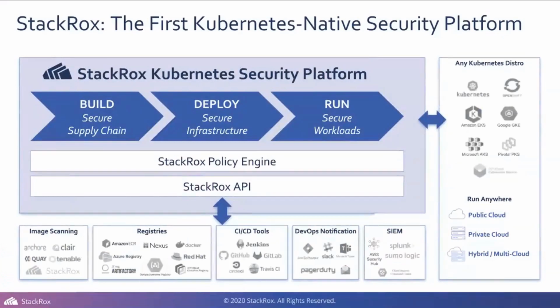We also integrate with all the registries that are out there, so very standard, whether it's Red Hat or Amazon's ECR or Artifactory or IBM Cloud Container Registry. And then at the deployment stage, we focus on securing your infrastructure.